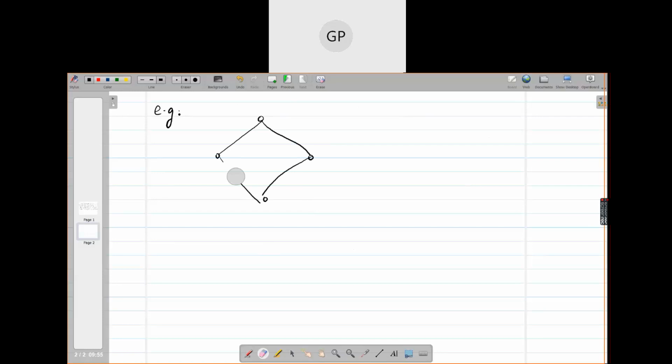I am considering a graph, a pseudo graph. What is a pseudo graph, girls? A graph having parallel edges and loops. Correct. So I am considering a loop at this and a parallel edge here. So this is a pseudo graph.